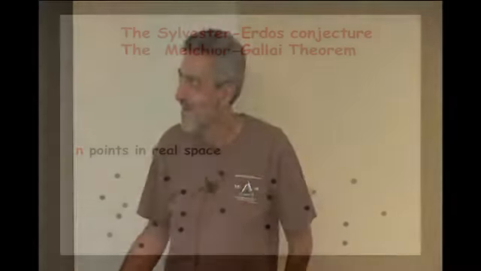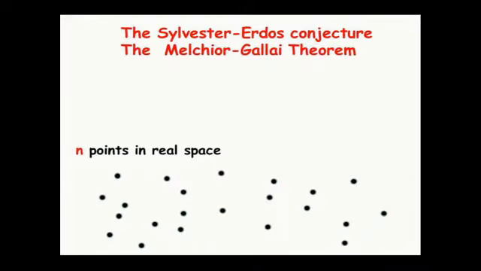What should actually be called is the Sylvester-Erdős conjecture. There were independent conjectures, and these are two people who independently solved them. But at least one relation is clear: Erdős conjectured it to Gallai, and Gallai solved it for Erdős.